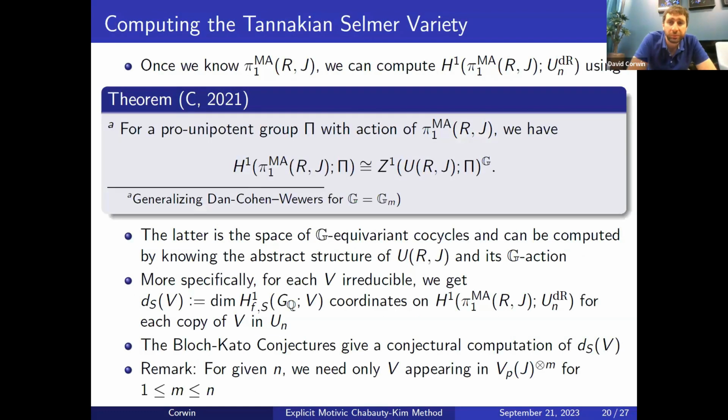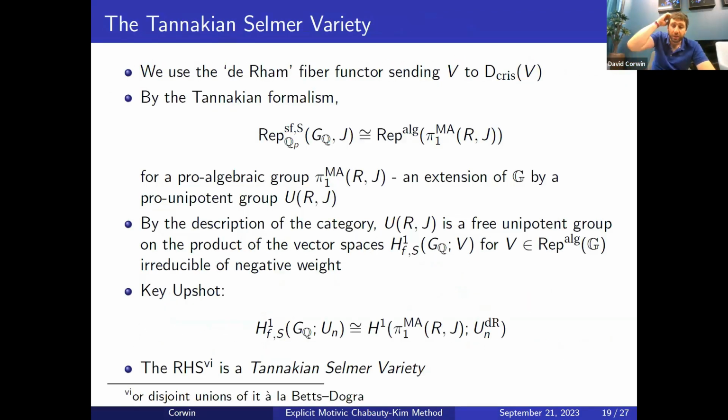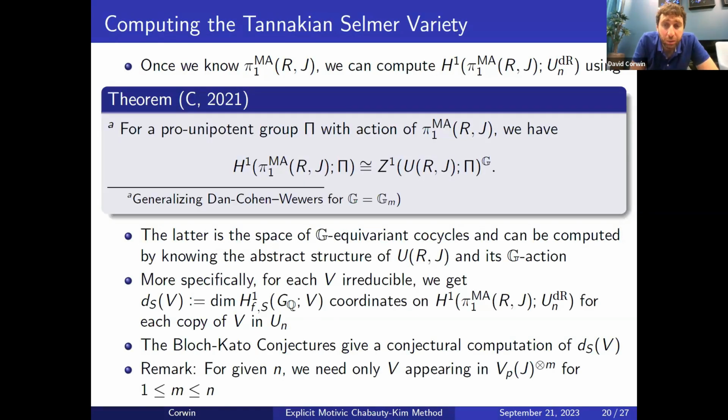So how do we compute the Tannakian Selmer variety? Okay, let's put it this way. How do we compute this algebraic group cohomology here? Well, it turns out that there's this nice fact that it is the same as G-equivariant cocycles of the unipotent radical.